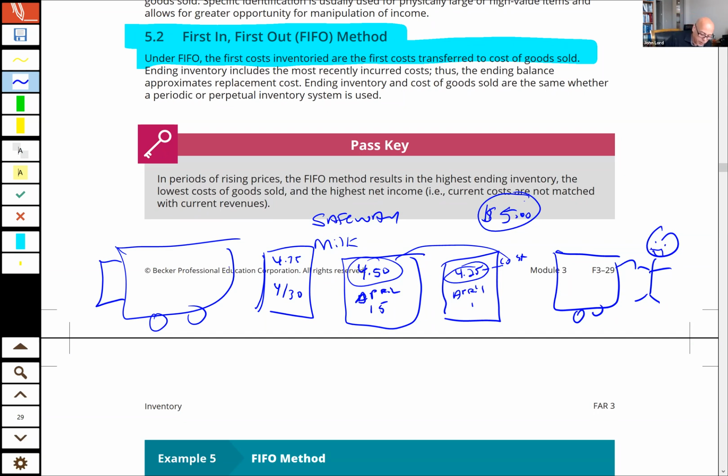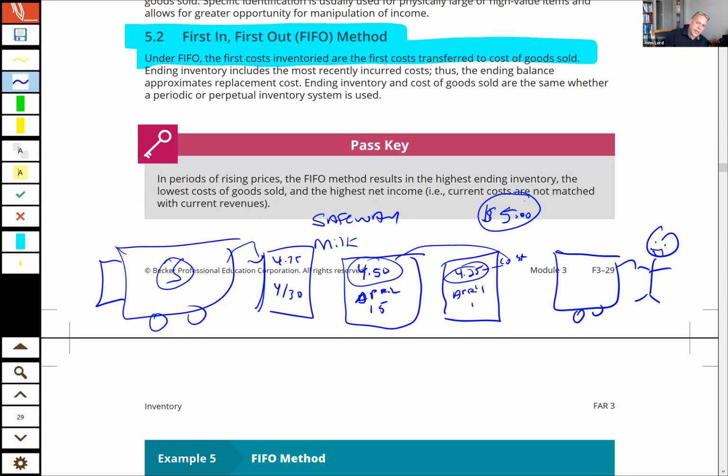So what happens? They go ahead and they deliver those, right? And then you come along and which ones do you put in your cart? I know everybody likes to say, well, I'm going to reach to the back and get the 430 ones. And my answer is, it doesn't matter. These cost flow assumptions may or may not relate to the actual flow of goods.